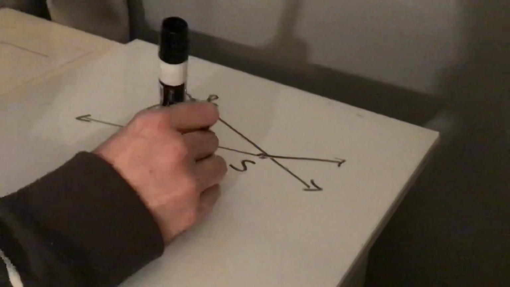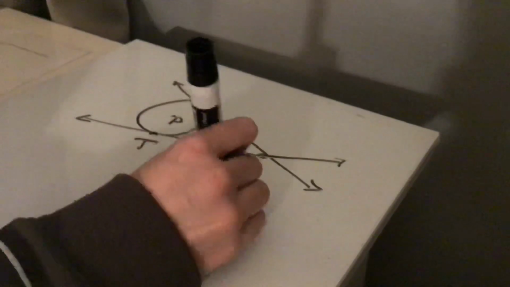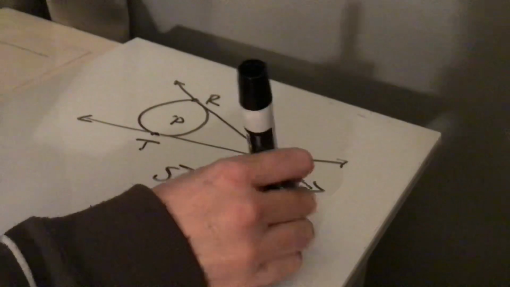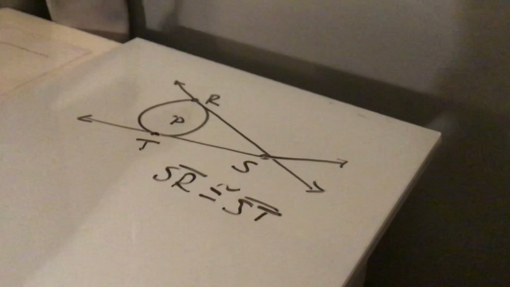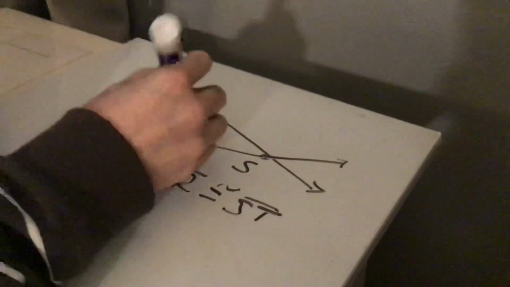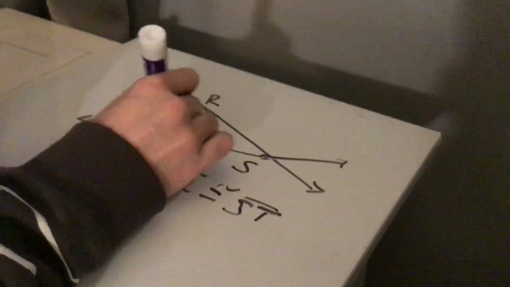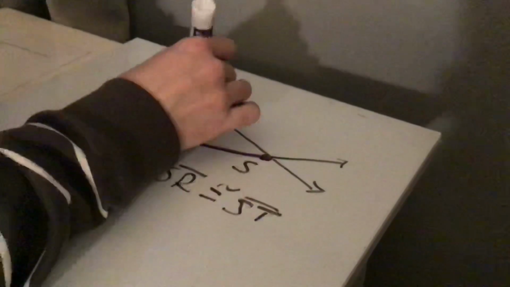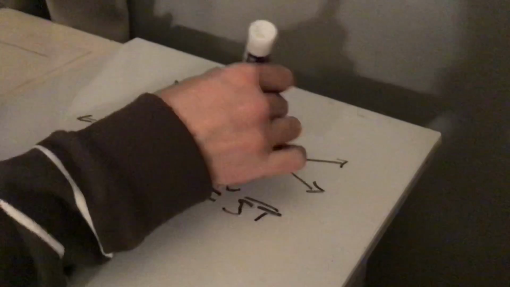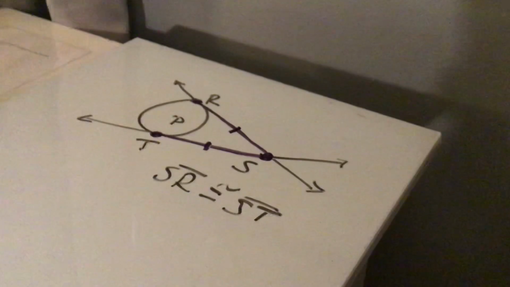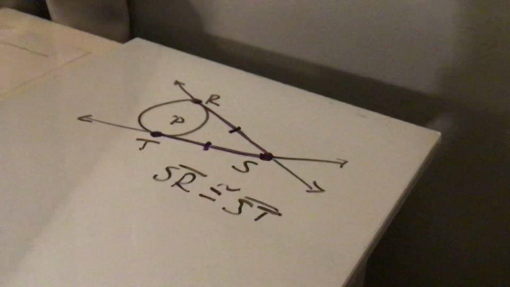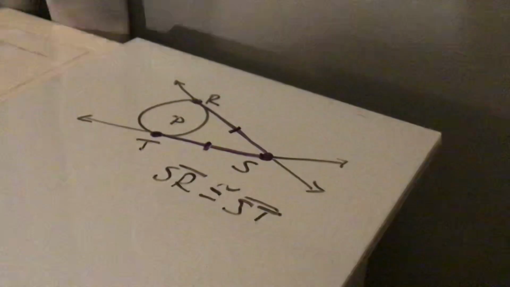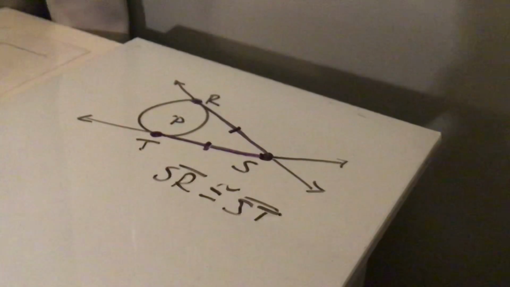So then we would be able to say that SR is congruent to ST. Just the segment itself, not the whole line, because we don't measure lines. So this segment and this segment would be congruent if they're both tangent from the same point. That's all of your theorems for 10.1.